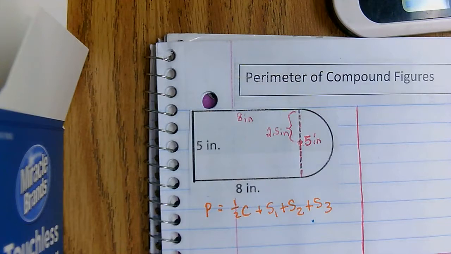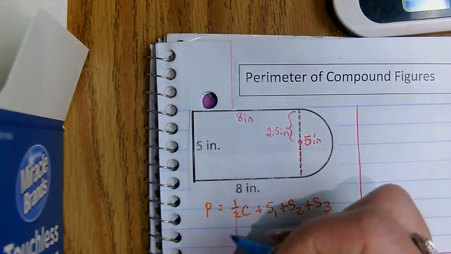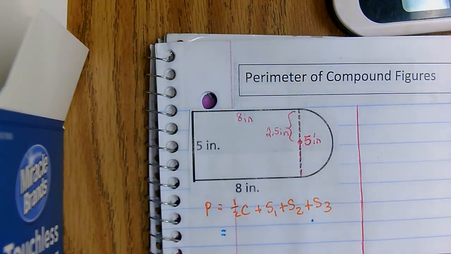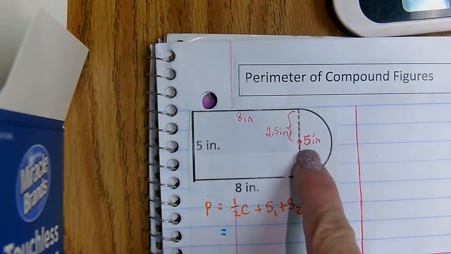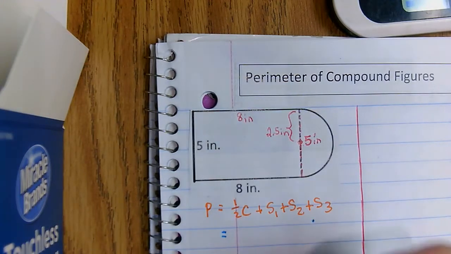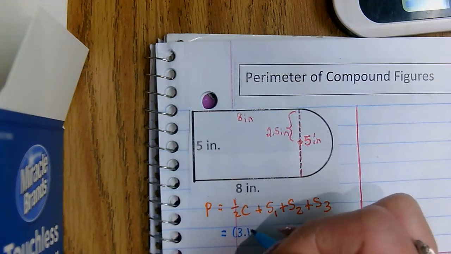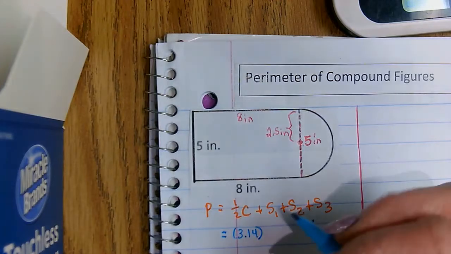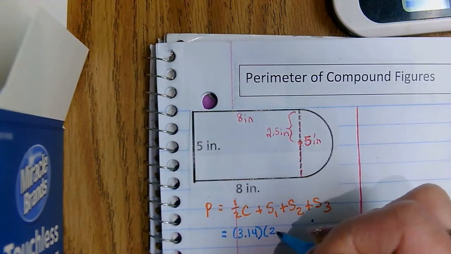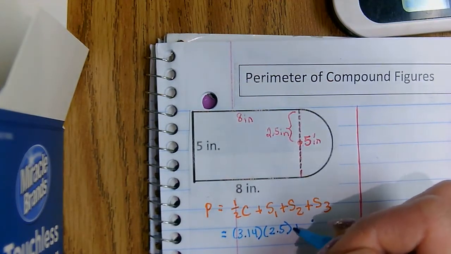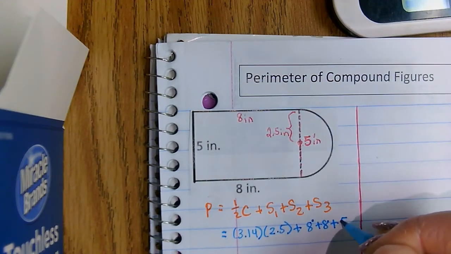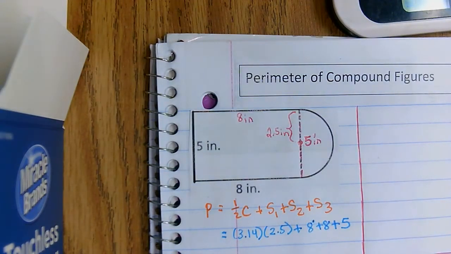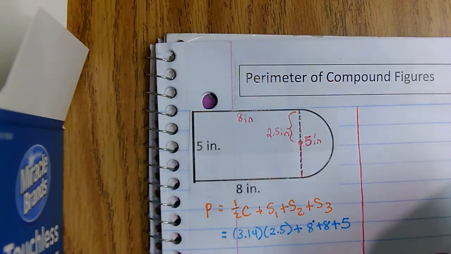To find that, this equals, well, 1/2 of 2 pi r is just pi r, and the radius is 2.5, so we'll do 3.14 times 2.5 plus 8 plus 8 plus 5. All right? So let's calculate that now.